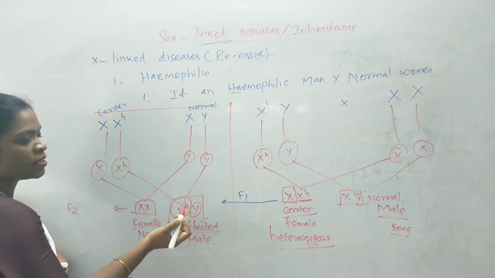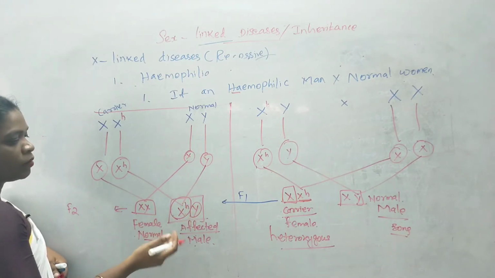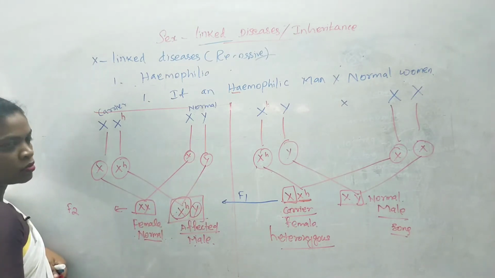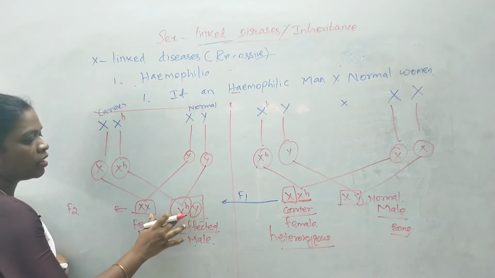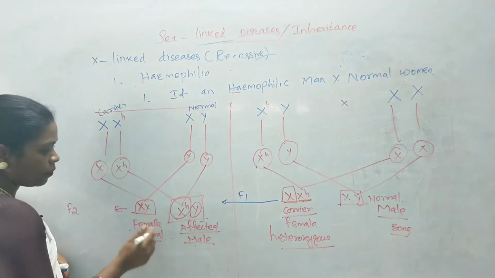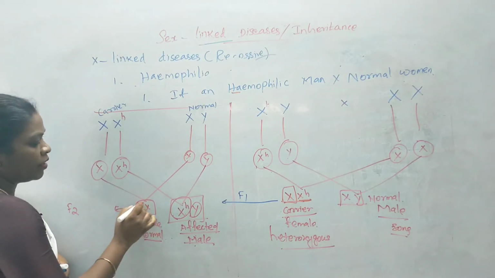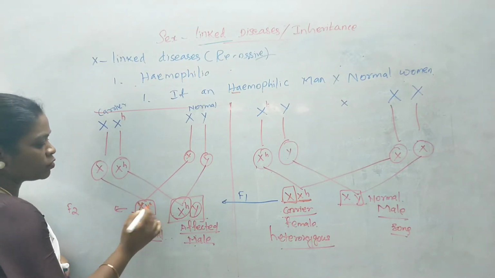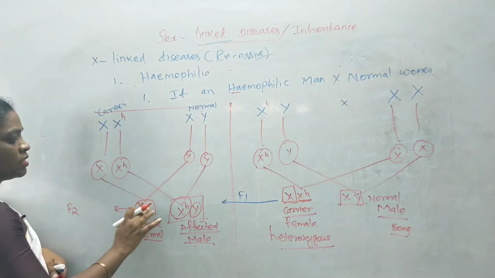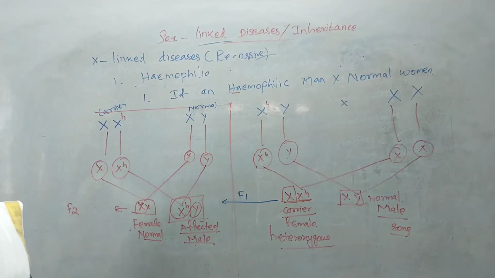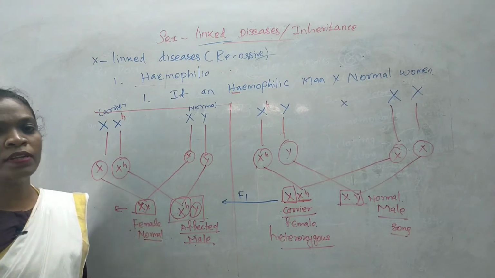The Y chromosome is not responsible for any disease, and it is not going to suppress this X either. So only one gene will be expressed in the male, but in the female, one of the X chromosomes will become dominant, so they can suppress the disease, or they become the carrier of the disease. That is why the female will not express this type of disorder in most cases, and only in very severe cases will the female express this disease.